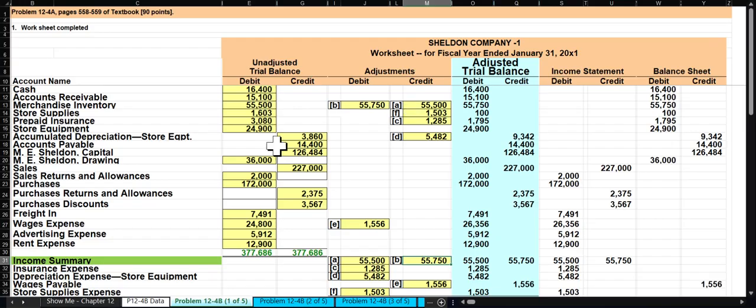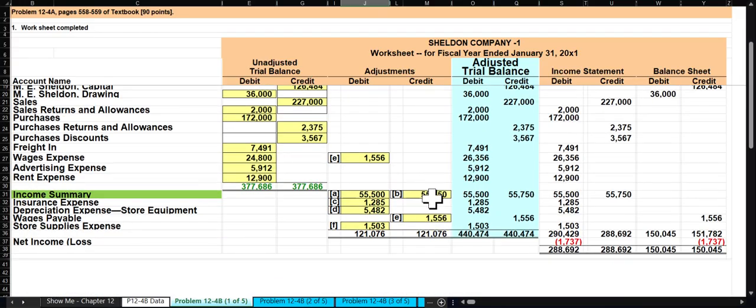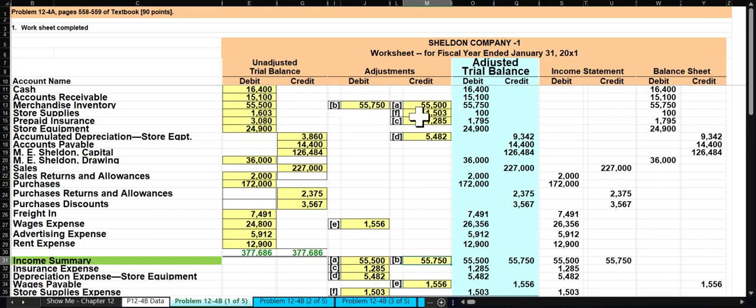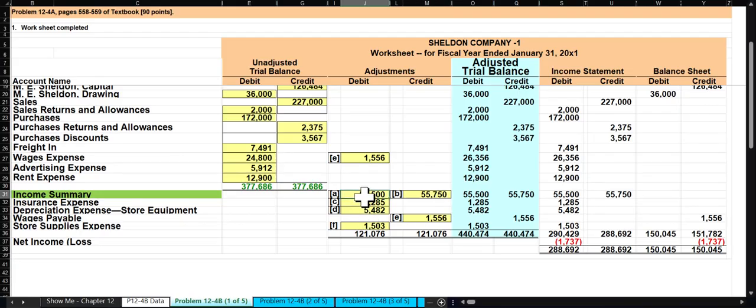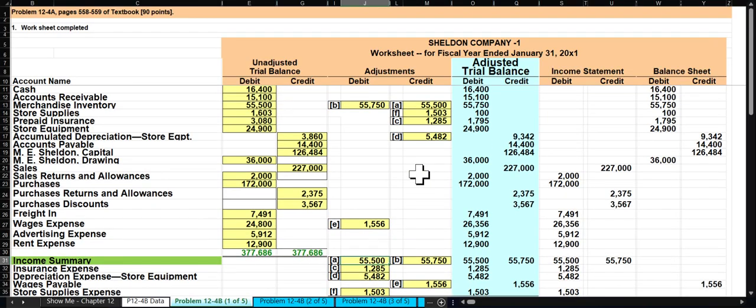So instead of making 4 entries, I could have made just 250 debit and 250 credit. If it were a case where the ending inventory was less than the beginning, then I would have credited the difference to inventory and debited the same amount to income summary.